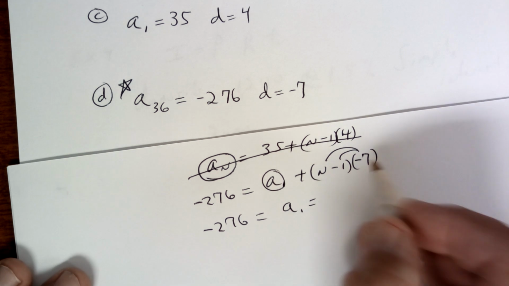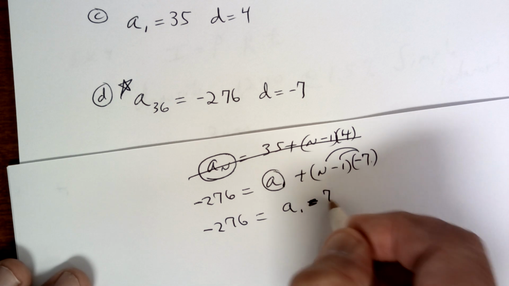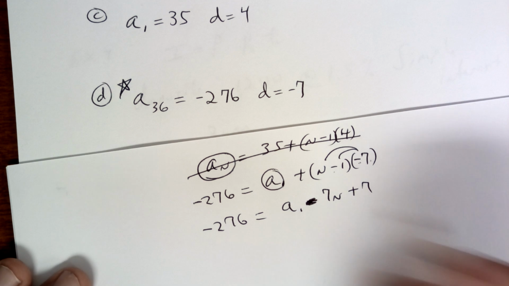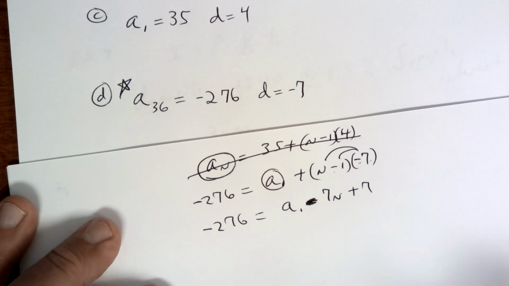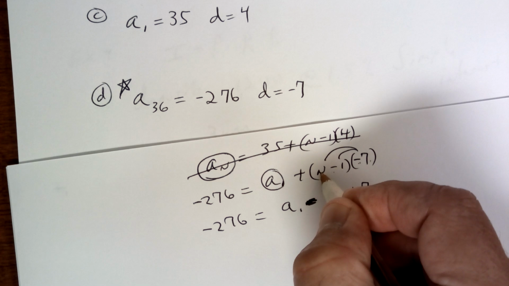That's going to be a negative 7n. And this is 2 negatives, so that's going to be plus 7. At this point, you're going to solve this equation here. And actually, this should be 36 right here, because it is the 36th term.